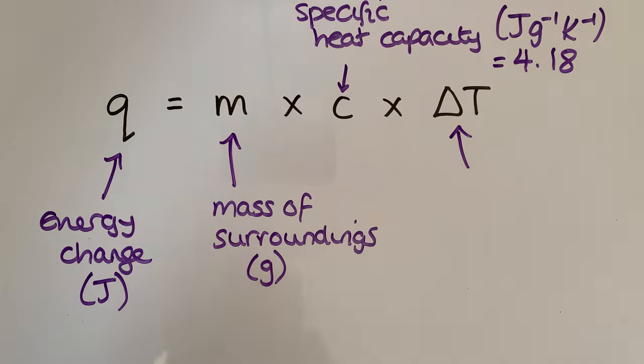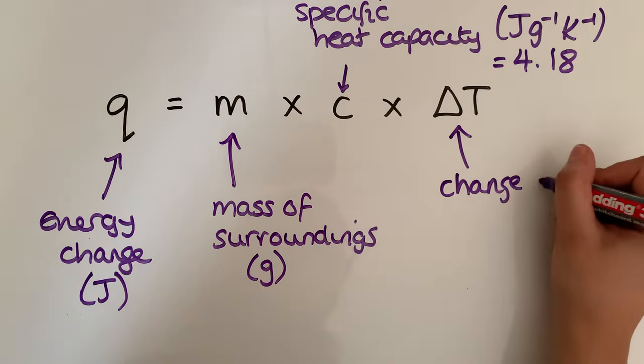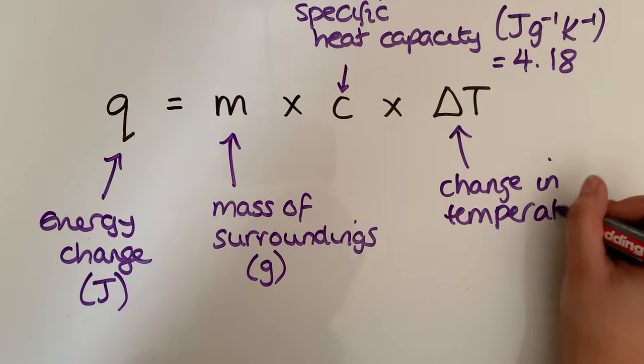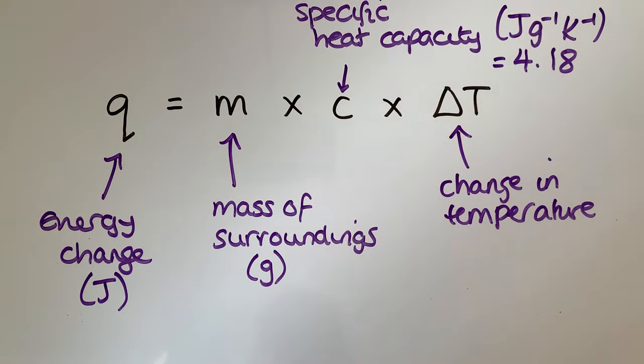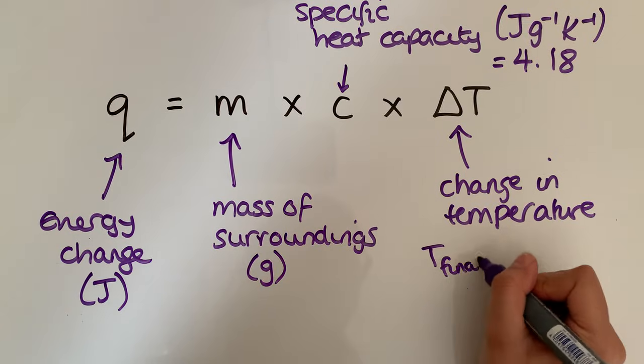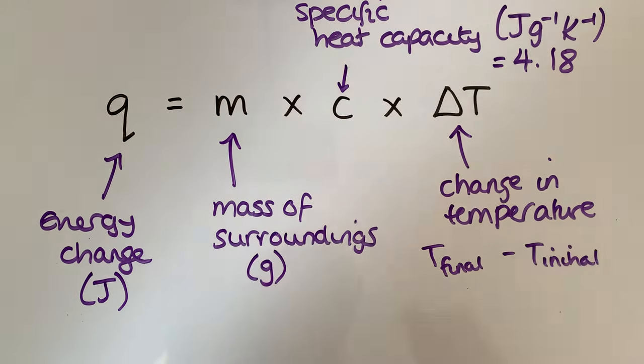And delta T means the change in temperature. So during the experiment, how much does the temperature change by? It's also worth noting that the temperature can go up or it can go down. And essentially, to work out the change in temperature, you do the final temperature minus the initial temperature.